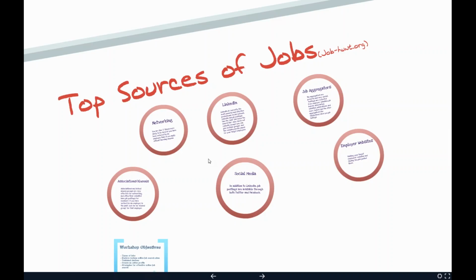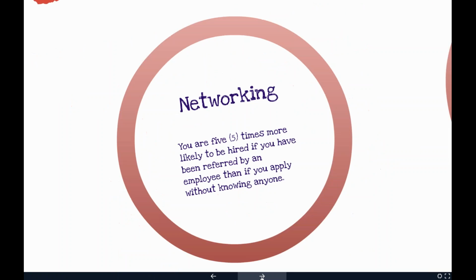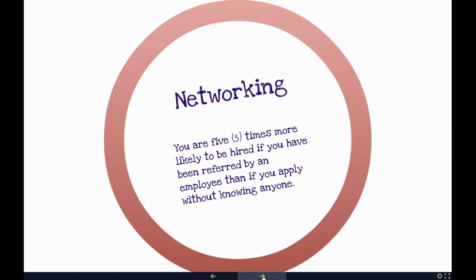And what they did was they created a guide to helping find jobs online. So what I did was I pulled some of the pertinent information in terms of some of their top sources for finding jobs online. So one of the first ones that they talked about was networking.